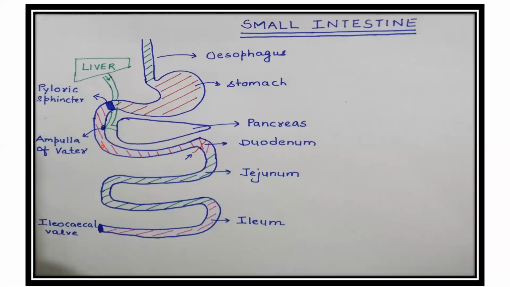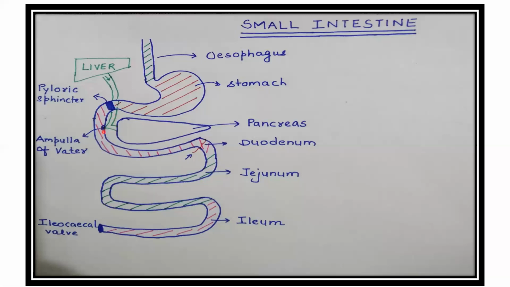The second part, that is the descending part, that actually forms the main C of the duodenum, is a part that has a small opening on its posterior medial wall. Posterior medial wall of the descending portion of the duodenum has an opening for the pancreatic and the biliary duct.